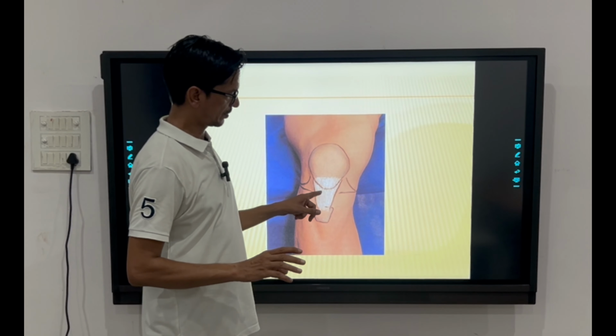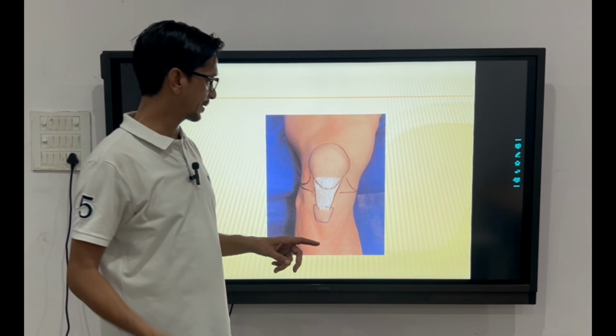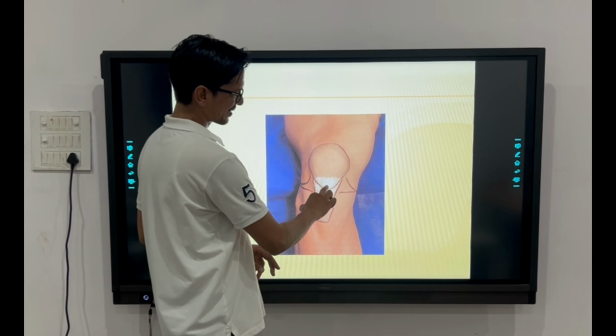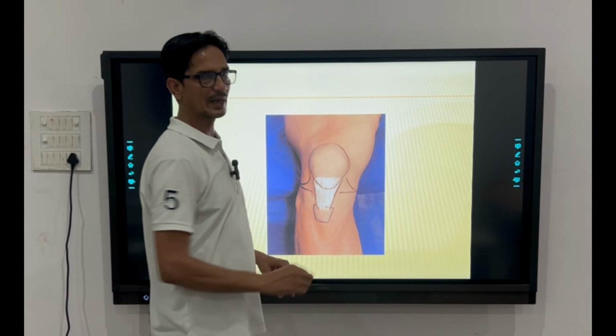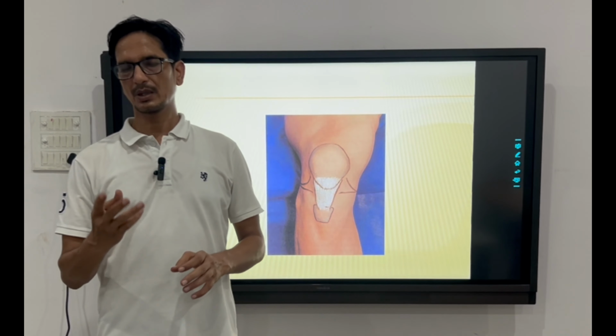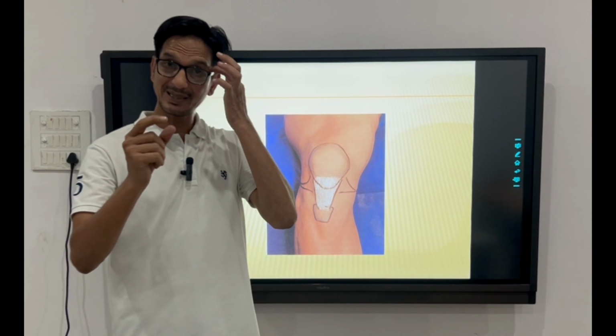And in pathological conditions, in any degenerative or inflammatory condition, one more structure we can identify at the same location, just below the apex of patella. Basically, this is the location for your infrapatellar bursa.